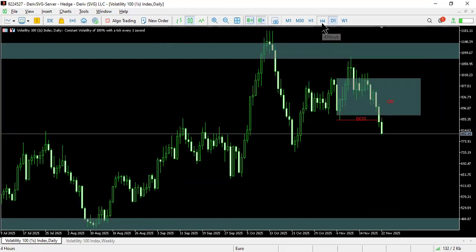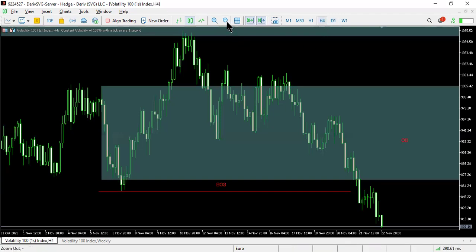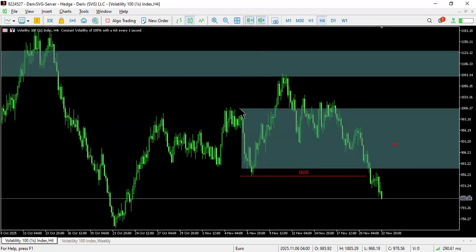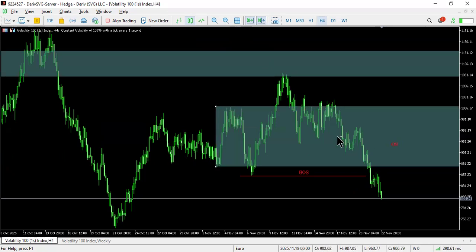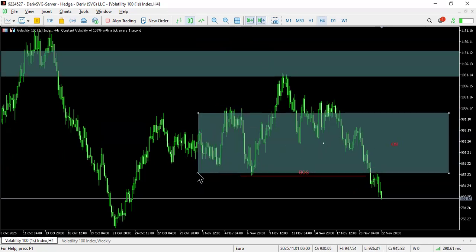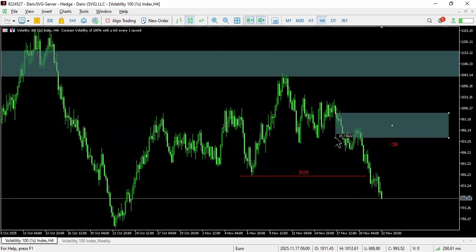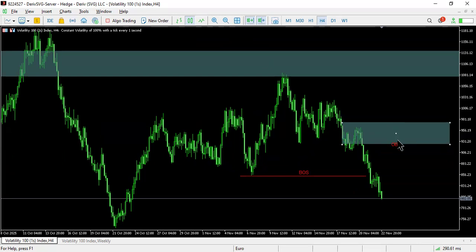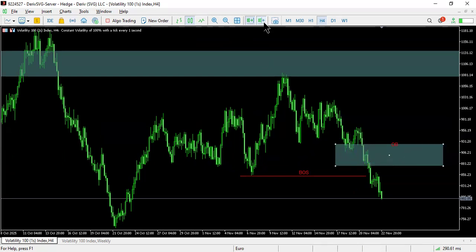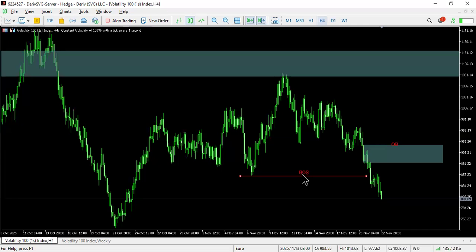And then if we go to the 4 hours time frame, this is what we have. So that is the order block we'll be targeting from the 4 hours time frame.